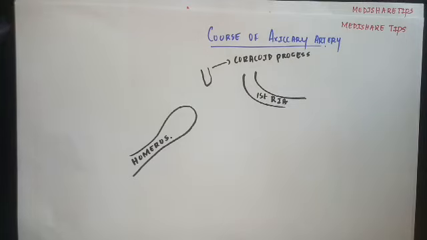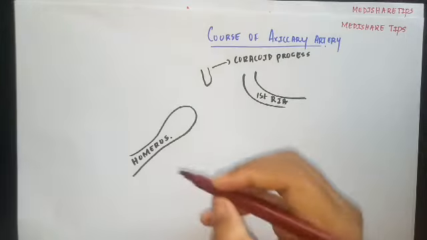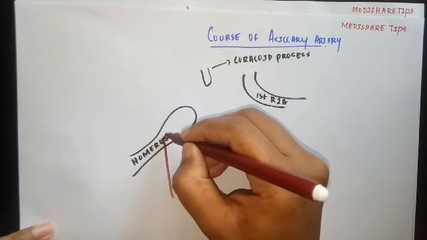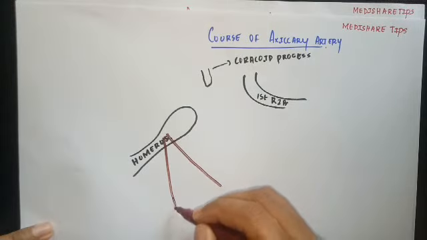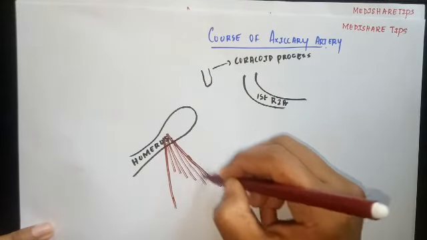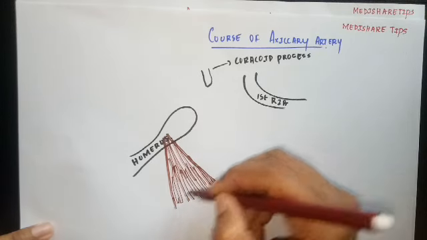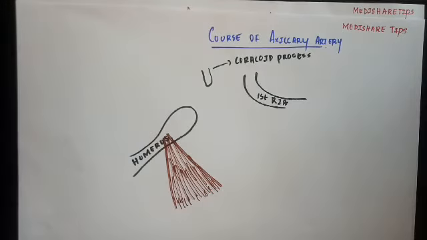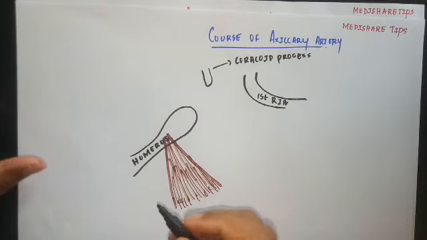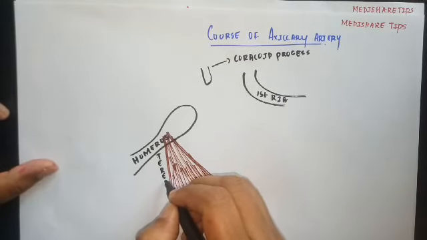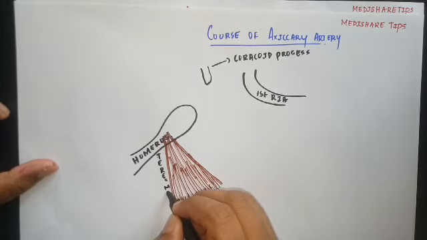And draw another muscle here which is attached to the humerus. So this is the teres major muscle.